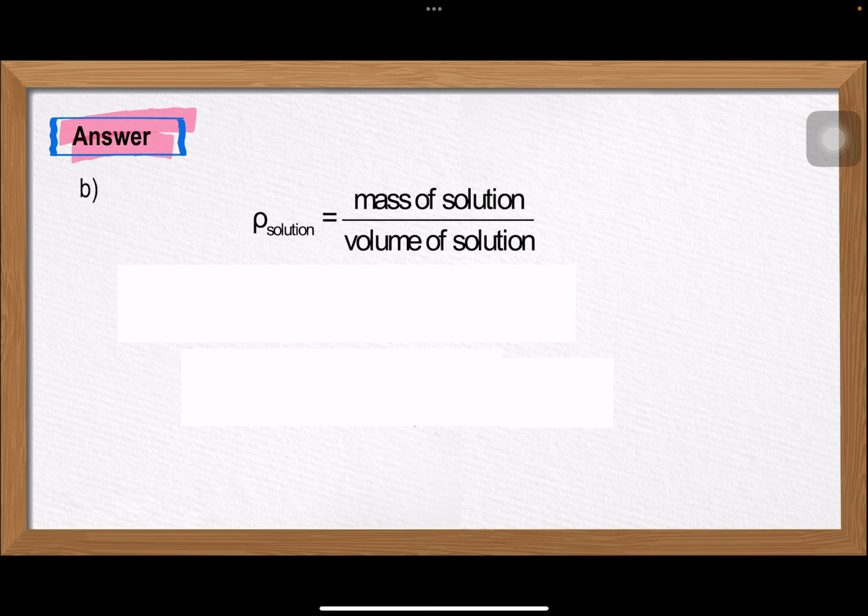Then B, percentage by mass. The percentage by mass is mass of copper sulfate over mass of the solution. Given to you is the density of solution, 1.195 gram per milliliter. The formula of density is mass of solution over volume of solution.